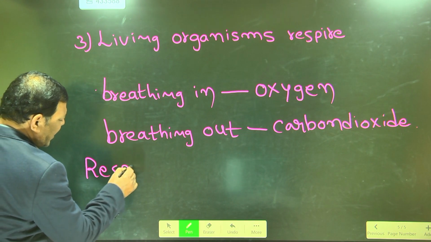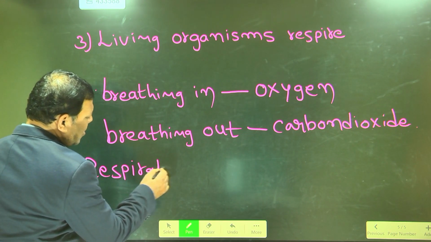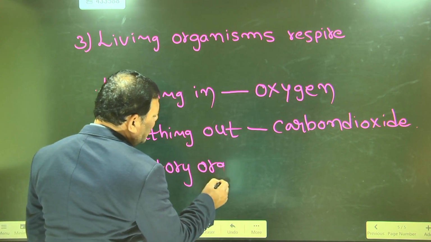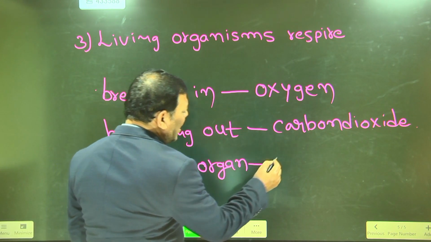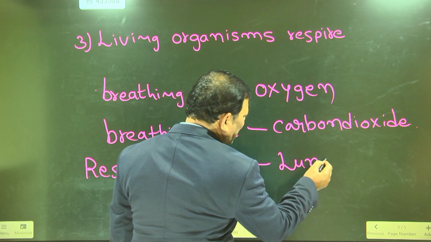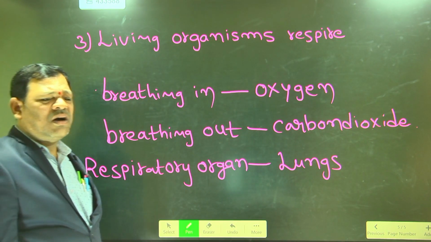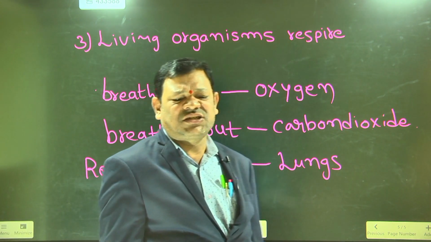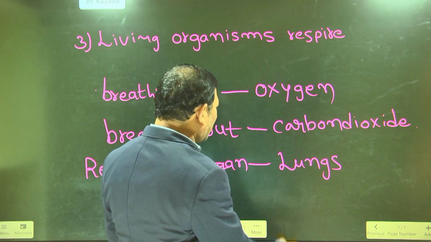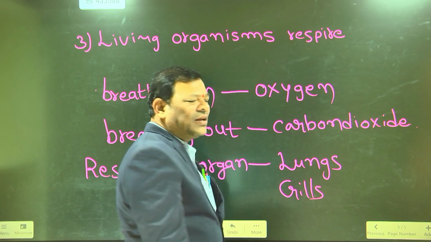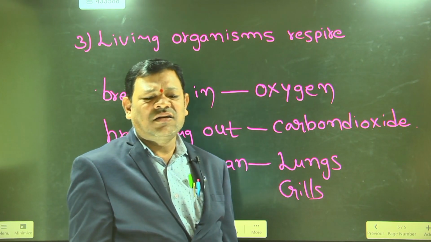What is the respiratory organ in the human being? The respiratory organ in human beings is the lungs. What is the respiratory organ of fish? Fish's respiratory organ is the gills. What is the respiratory organ in the frog?